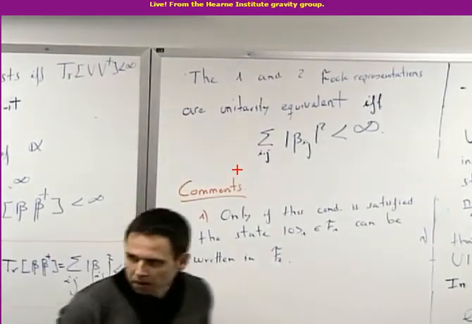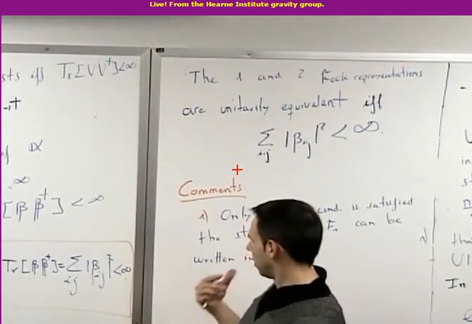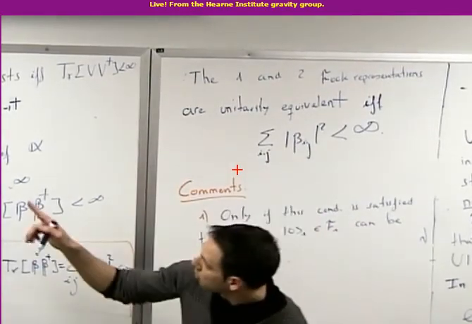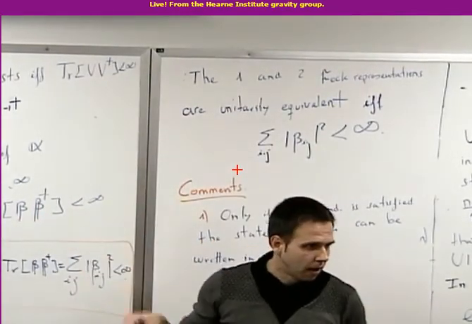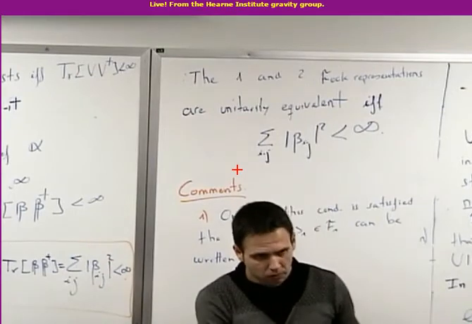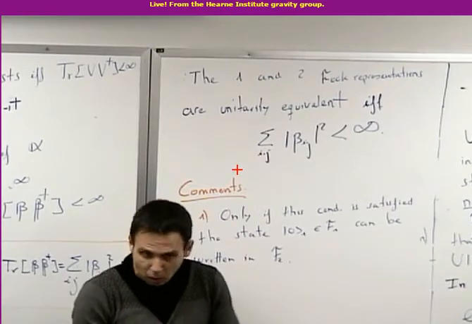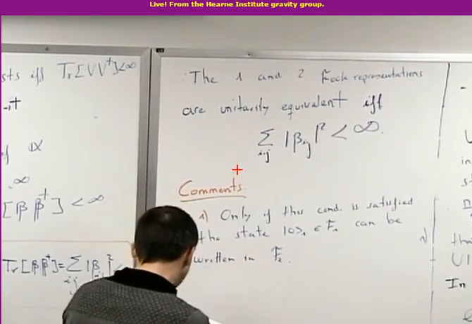That is trivial because we just said that this is the condition that tells me that the state, vacuum 1, has finite norm in F2. If it has infinite norm, that means that it doesn't belong to that space. So that is true.